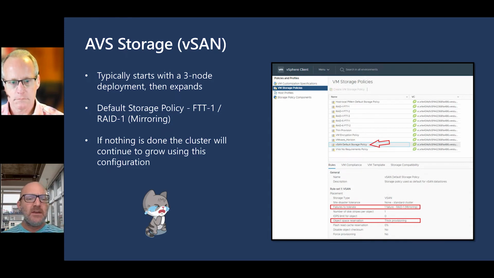So out of the gate with vSAN, because this is just the way vSAN operates, the configuration has to be FTT=1 and RAID 1. So as John talked about, you're in this mirroring configuration. So in other words, you're in the most non-optimal, storage-expensive configuration you could possibly do on vSAN.